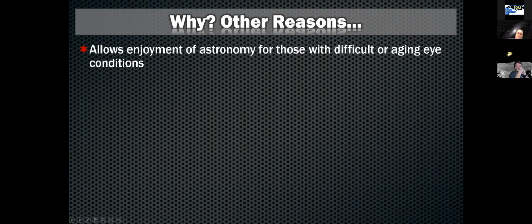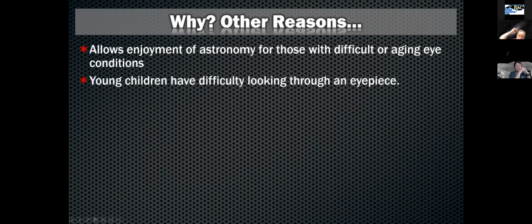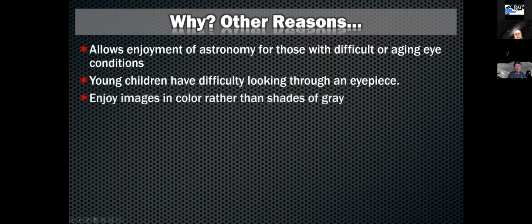And even people who might have any sort of physical limitations, whether they can actually stand up and hold themselves in front of a telescope and peer through an eyepiece. Young children especially have difficulty looking through an eyepiece. My favorite is always when you get the really, really young kids coming out with their parents, and they're trying to look at it, and they're putting their hands on the eyepiece and they keep smacking their forehead trying to look through the eyepiece. But that helps.